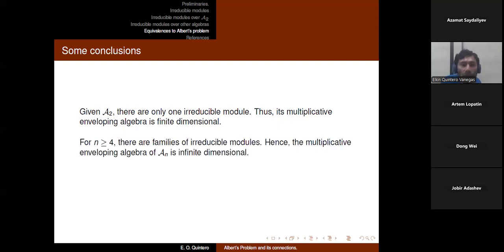But for any n greater or equal than 4, there are families of irreducible modules, so the multiplicative enveloping algebra of A_n is infinite dimensional. And the question is, what about A3? Until now, we are exploring the irreducible modules of A3, but we have no concrete results.